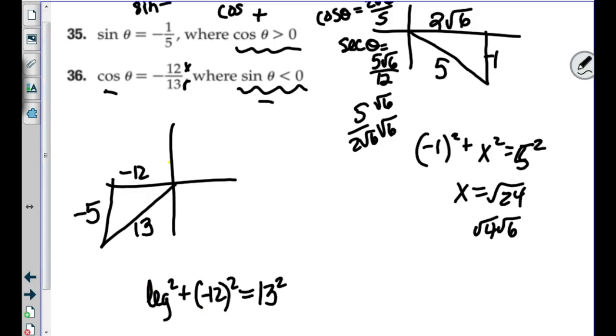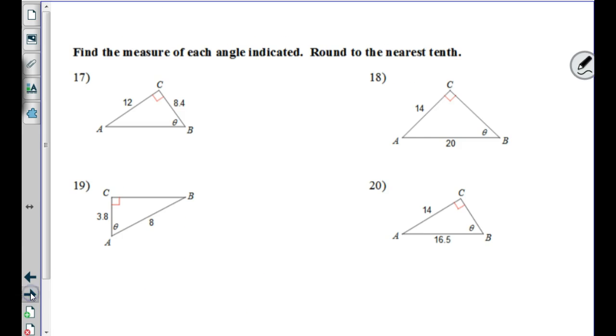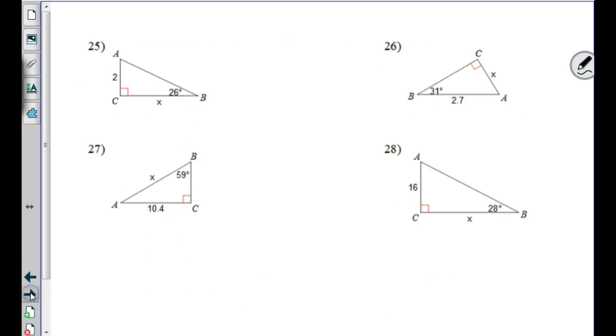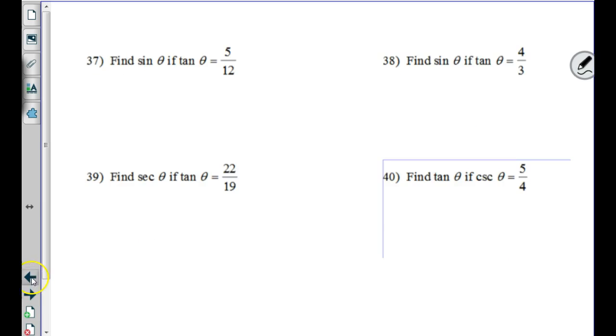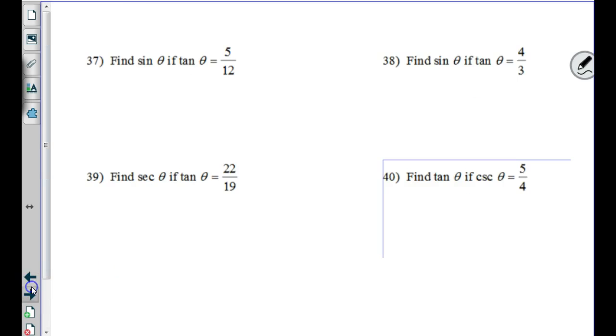This is a homework question for number 36. Great. What does it look like? I don't have the right slide, apparently.